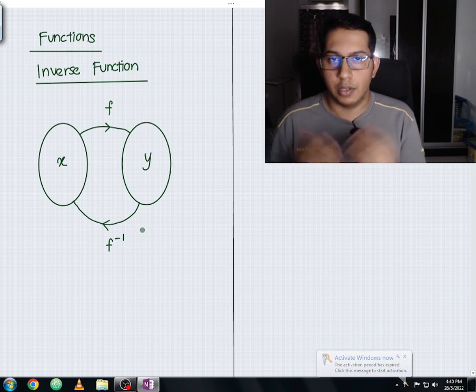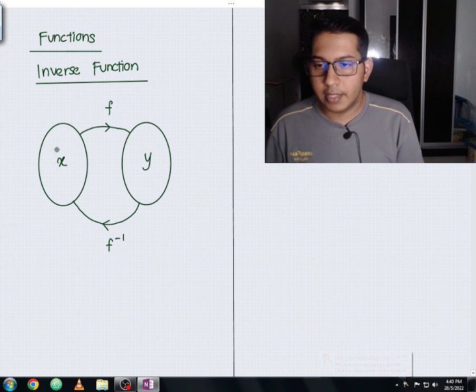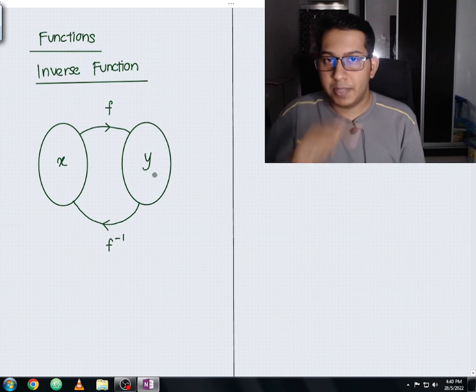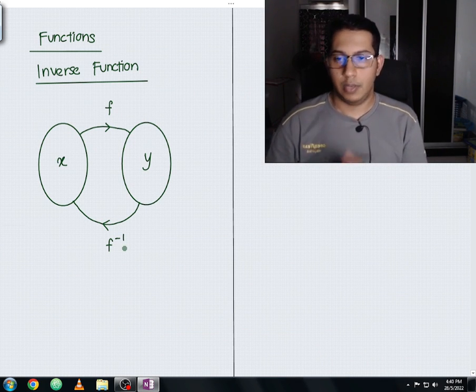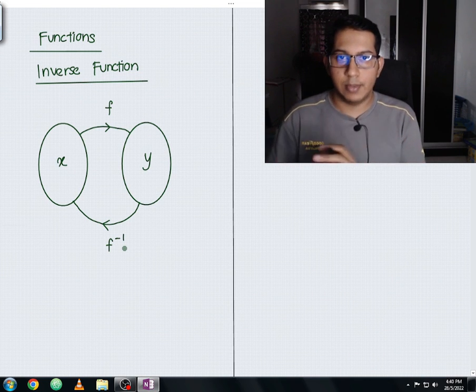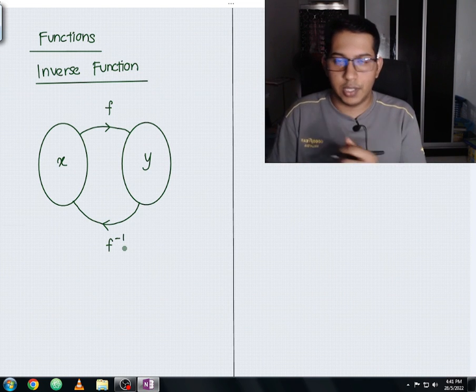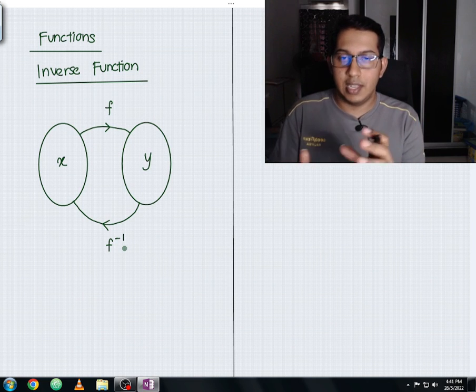So a quick summary: when x maps onto y, it's called f. When y maps back to x, it's called f inverse. So this is the quick explanation of what an inverse function actually is.